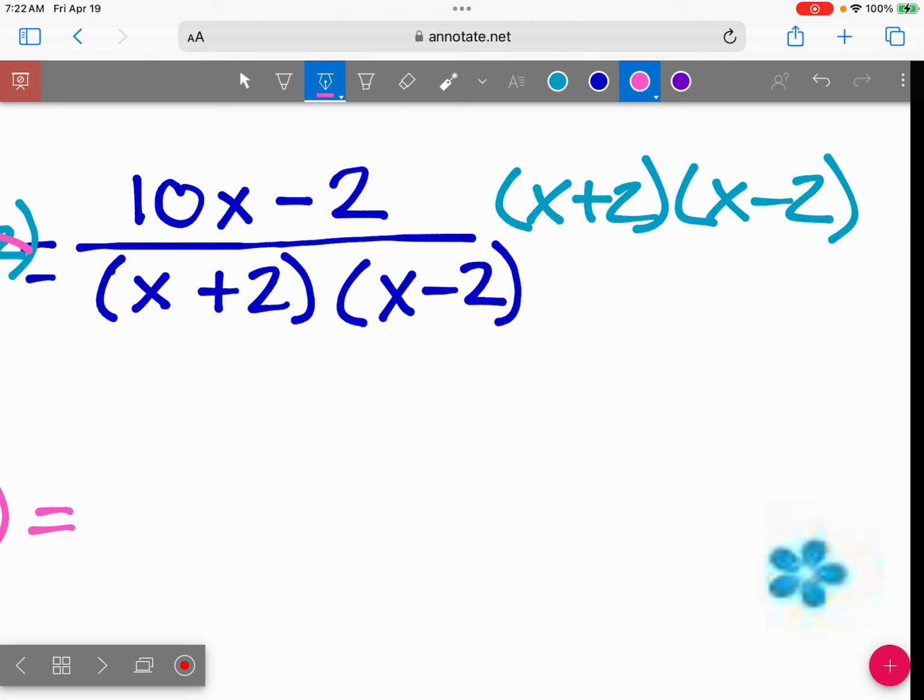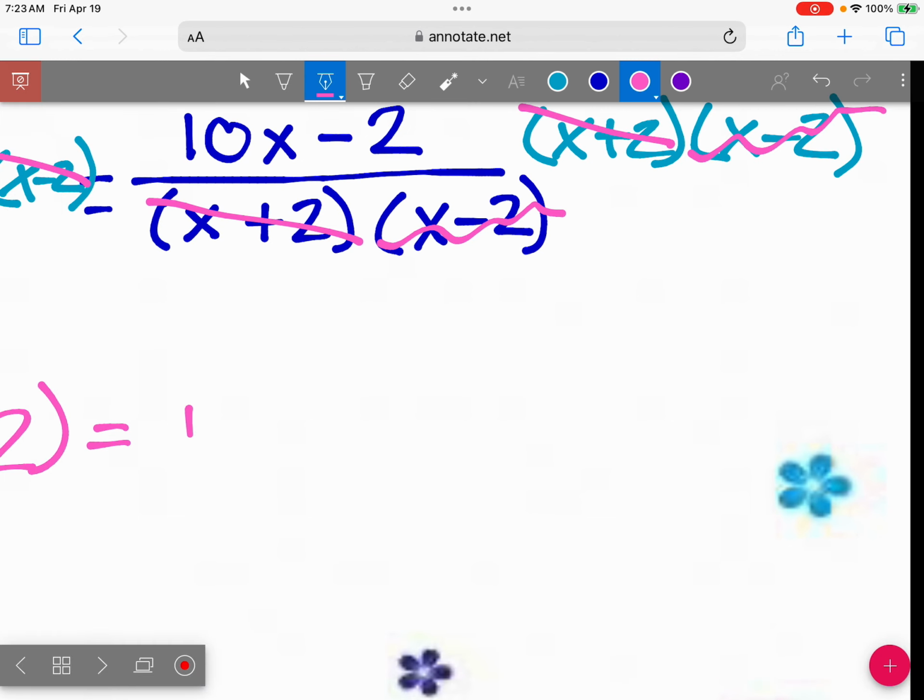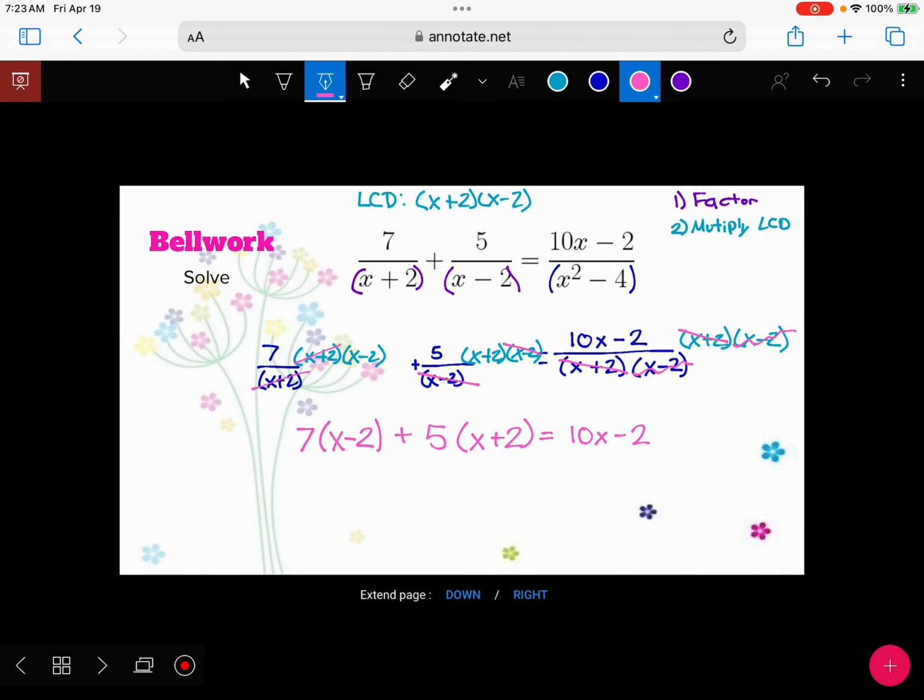Then we're going to look at our last term, and what's going to cancel out? Everything. The x plus 2s, the x minus 2s. So we're left with just our 10x minus 2.